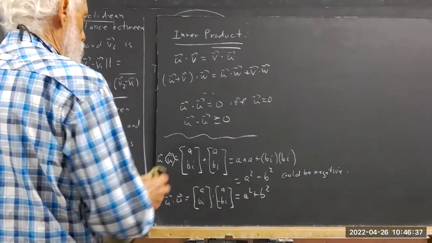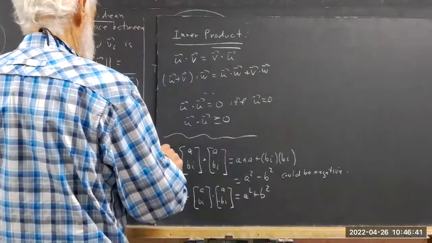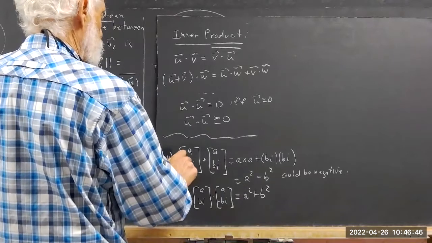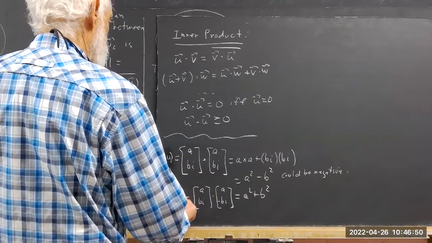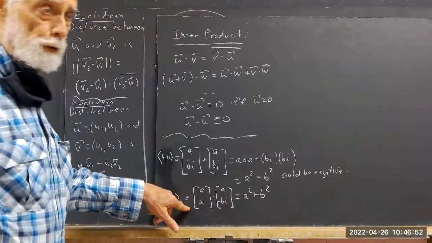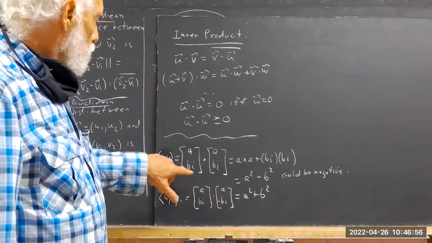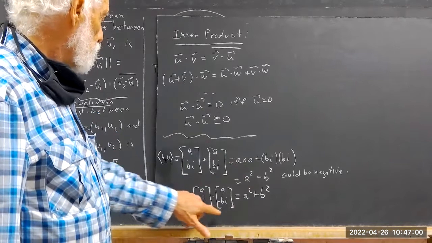Now, instead of writing a dot product, I should have written the general inner product as U comma U, which is a notation you're used to. So the inner product of U with U couldn't be this, but it certainly can be this.